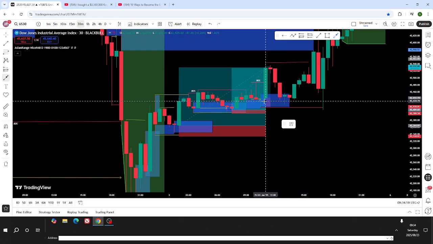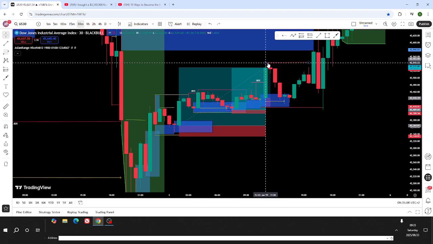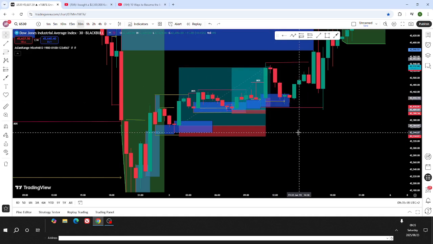Look at what happened. We have the low of the large candlestick and the high of the large candlestick, which in the lower time frame is a certain low and a certain high. So the market prints the certain high and then goes towards the certain low and sweeps it.